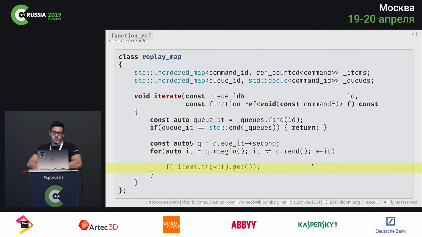And then we invoke the action with the elements from the queue. So it's very simple. It's not a complicated algorithm, but compared to the alternatives in which we can expose this interface to the user, function ref was the best alternative between template parameters, a std function, or iterators. So it's kind of in a sweet spot where you need something between function and template parameters.